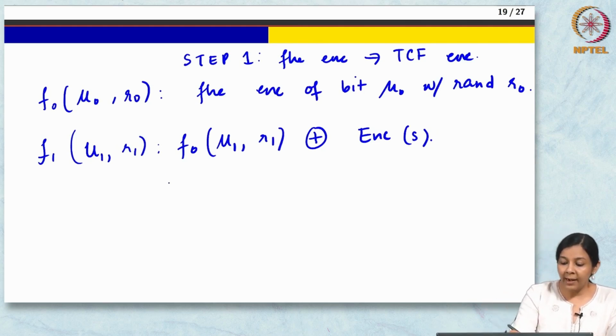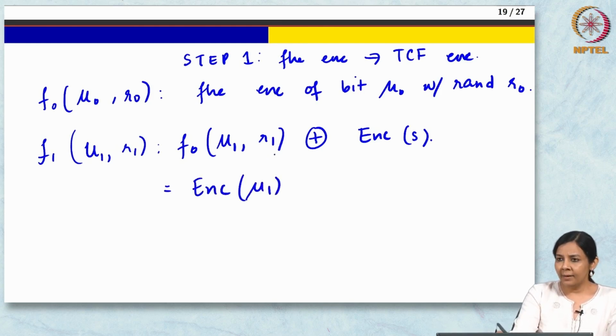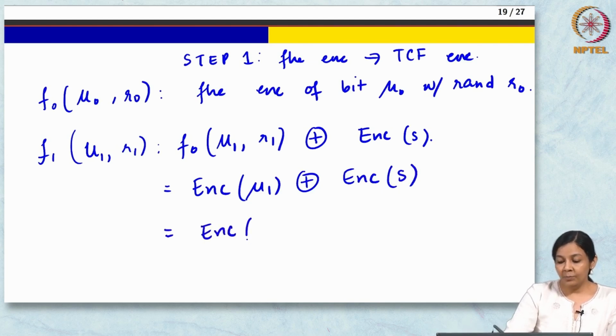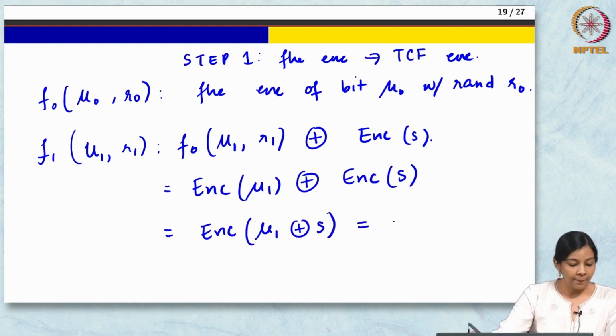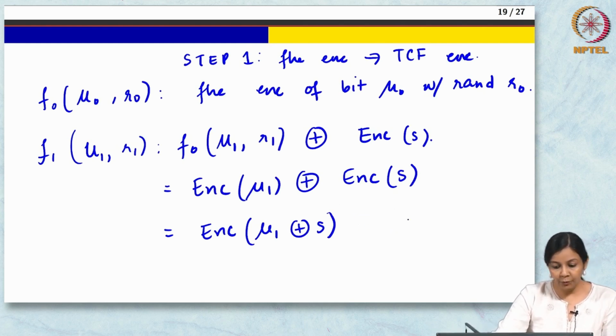Let me write F0 of mu 1, r 1 simply as enc of mu 1, forgetting the randomness for a second. So, enc of mu 1 XOR enc of S is, by homomorphism, enc of mu 1 XOR S.